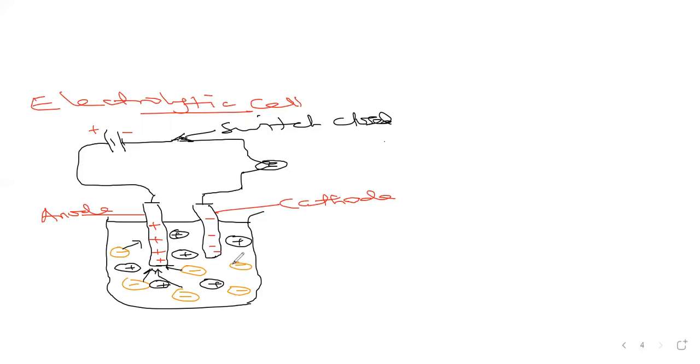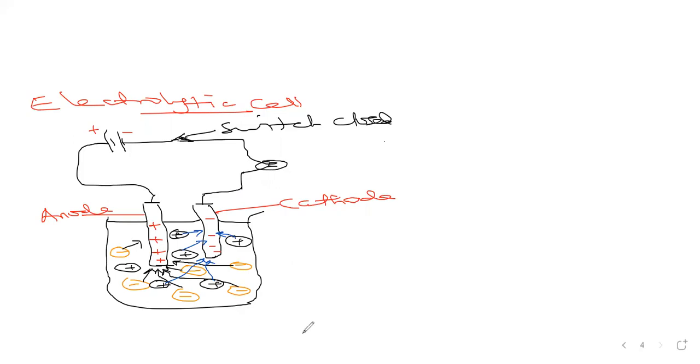Remember from your physics that unlike charges attract, so these ones tend to migrate to the anode, whereas the positive ions, the cations, try to migrate to the cathode. They migrate to the cathode.